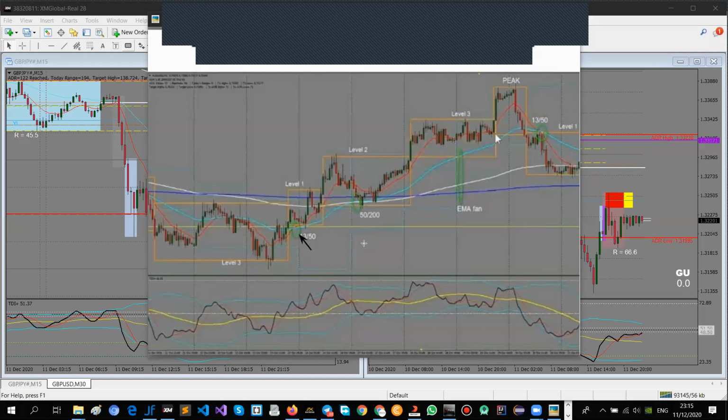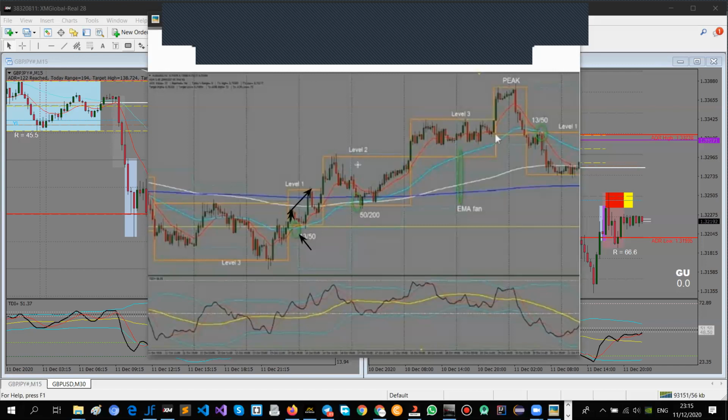That does not only show us that the peak was locked, it also shows us that we are currently in level 1. You can see that by this forming right here.